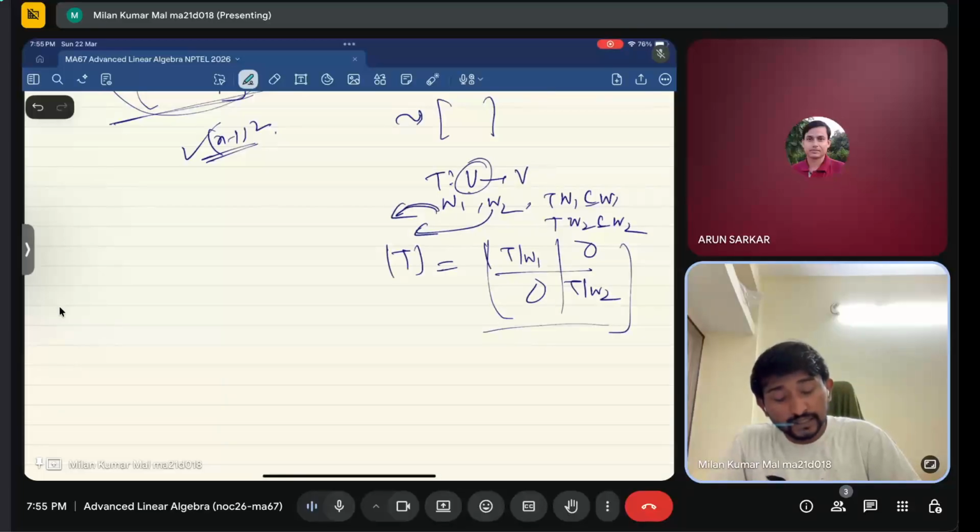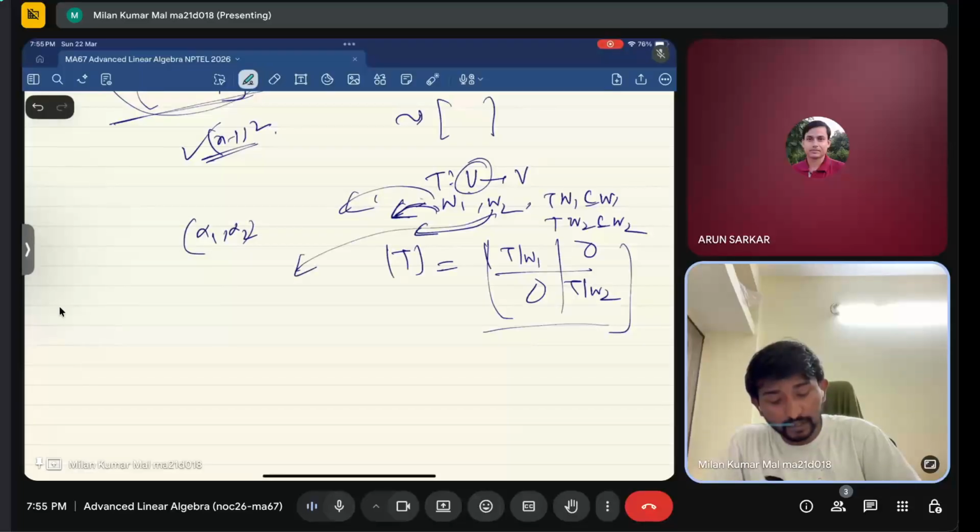Now, those basis elements from W1 will map into W1 once again. Suppose here we have two elements alpha 1, alpha 2, and here we have three elements beta 1, beta 2, beta 3.